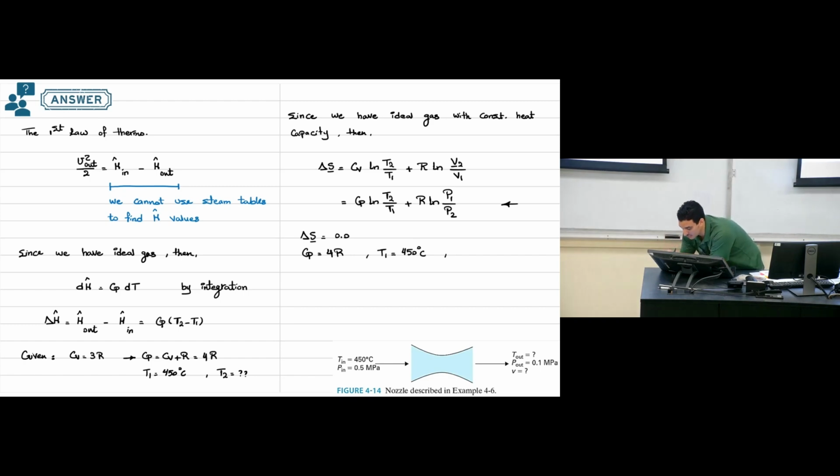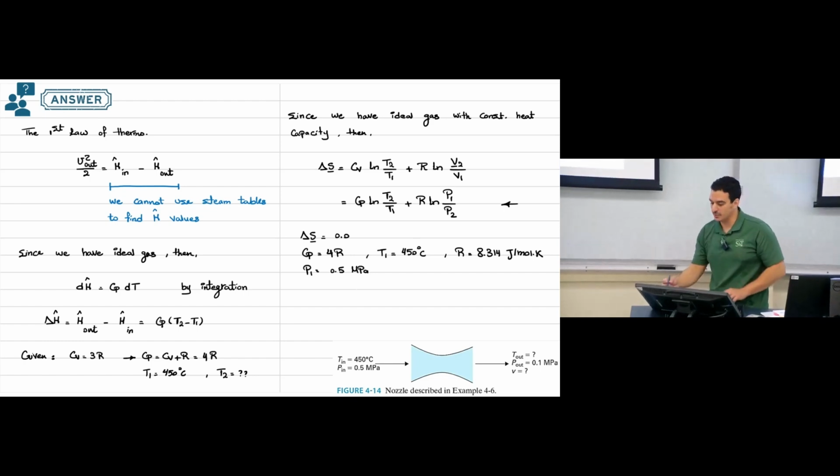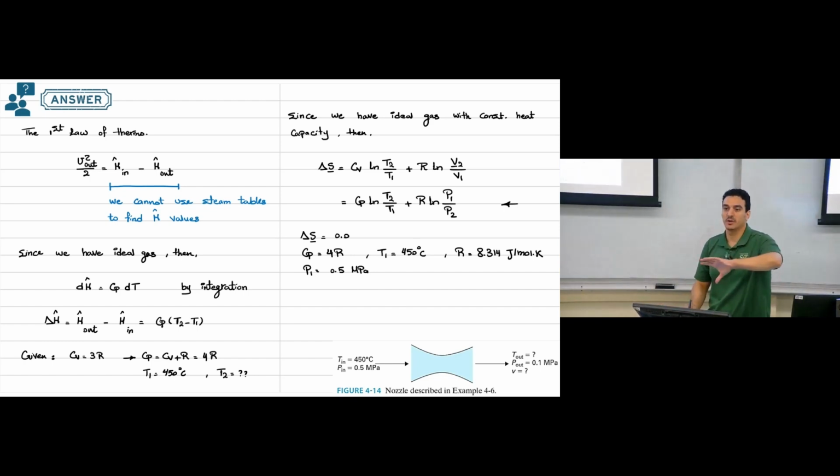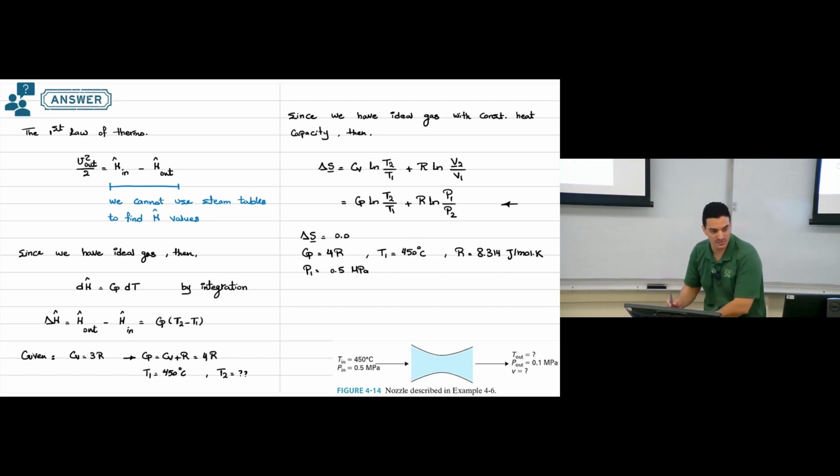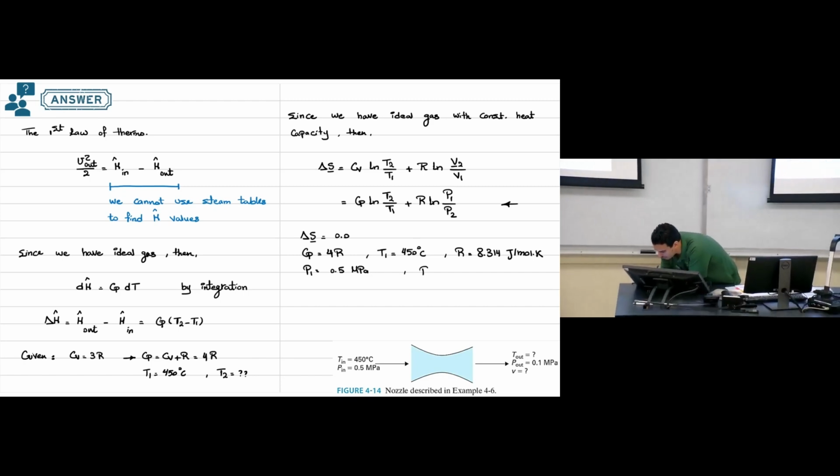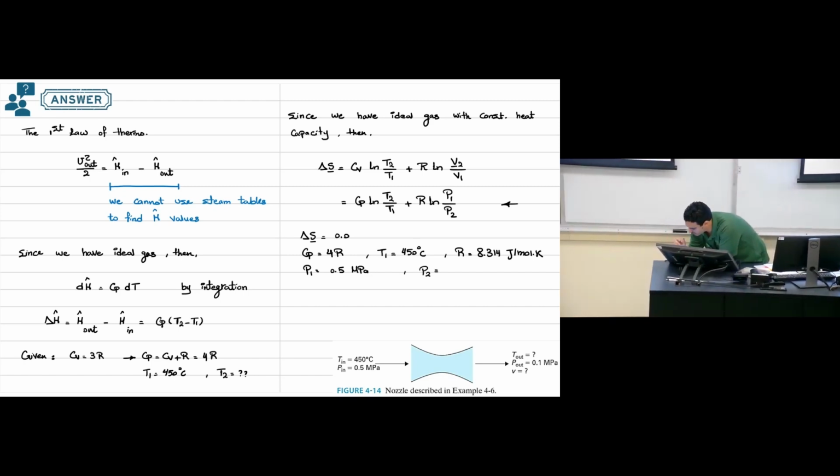And this is the ideal gas constant, so we can use 8.314 joule per mole Kelvin. We have pressure one. This is known. It's 0.5 megapascal. And there is no need to convert it to Pascal because in this equation P1 divided by P2, any conversion factors will be cancelled. And we have P2. This one is 0.1 megapascal. This is also given.